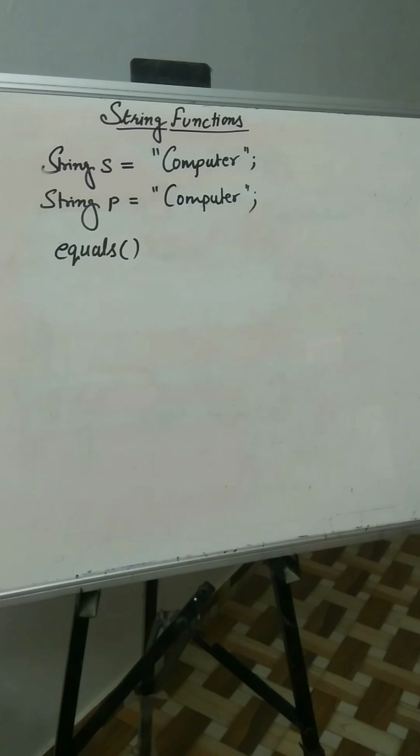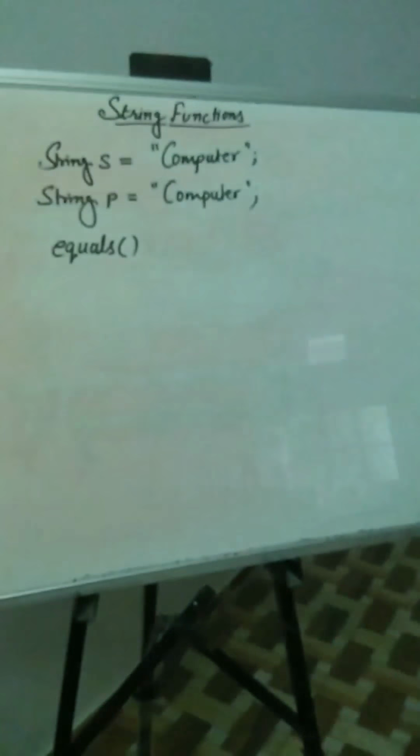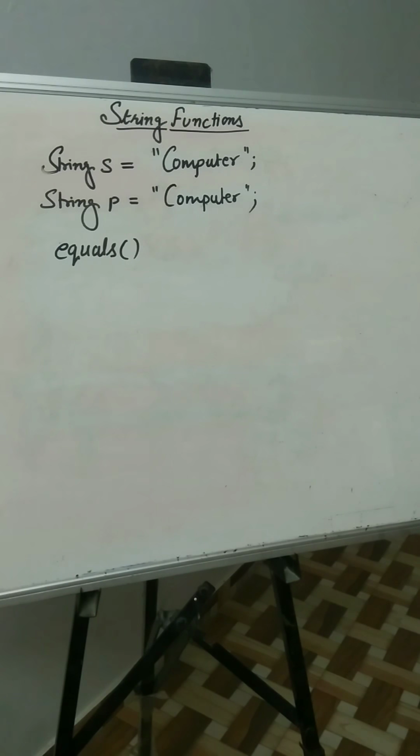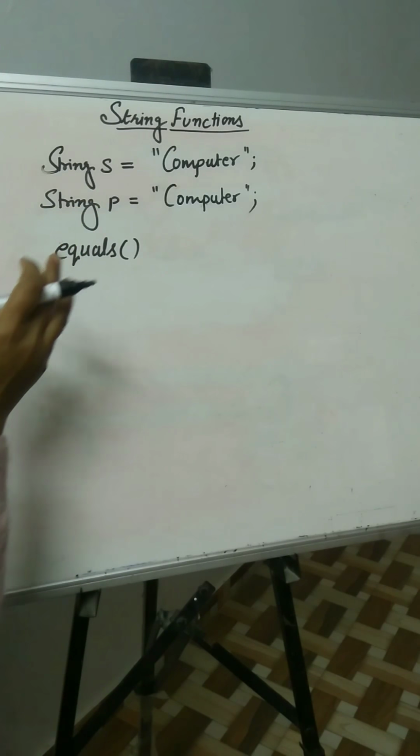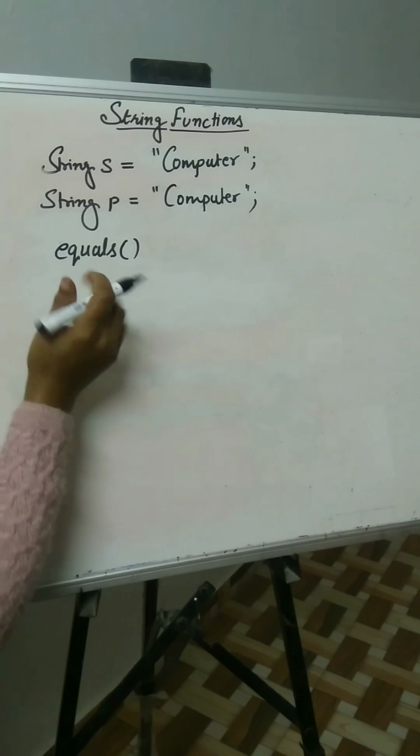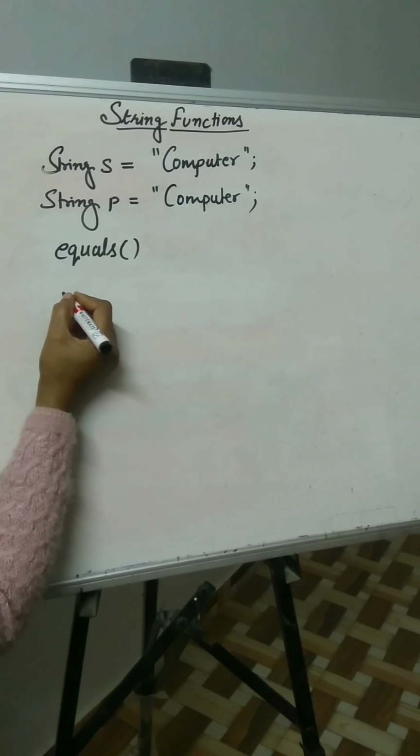This function is used to compare two strings together to check whether they are identical or not, and it returns a value in Boolean type. So here string S and string P are holding computer and computer. The equals function stores a Boolean value.